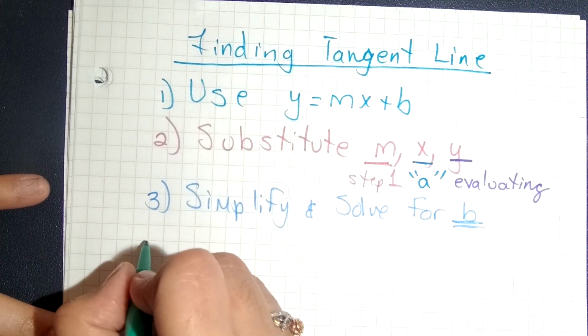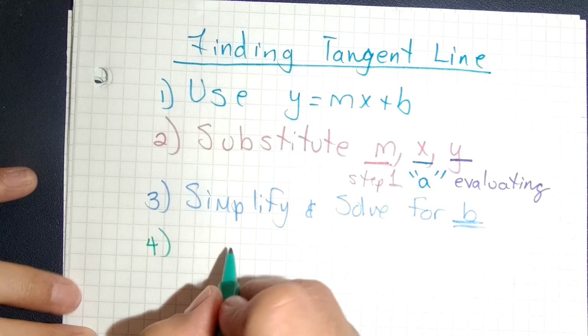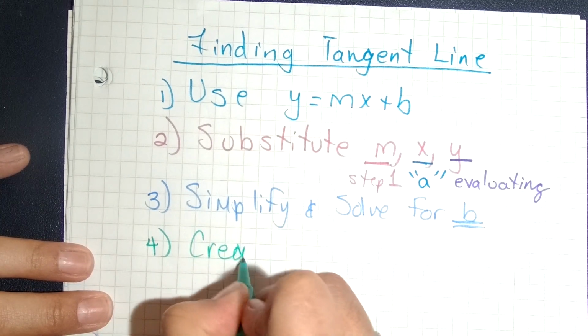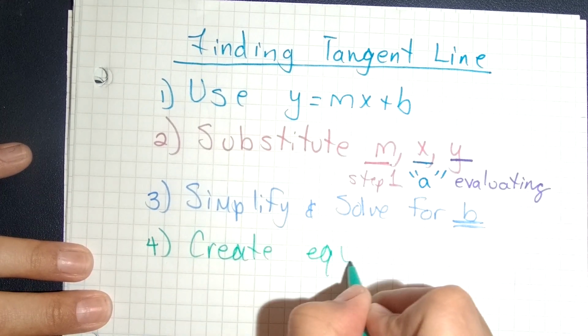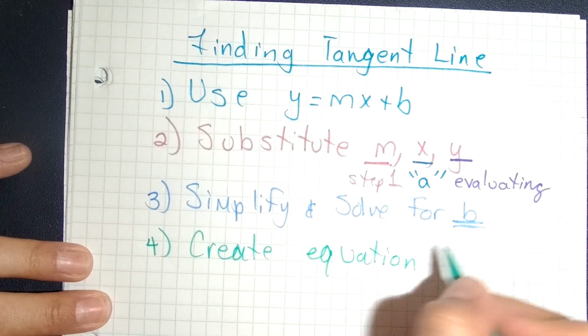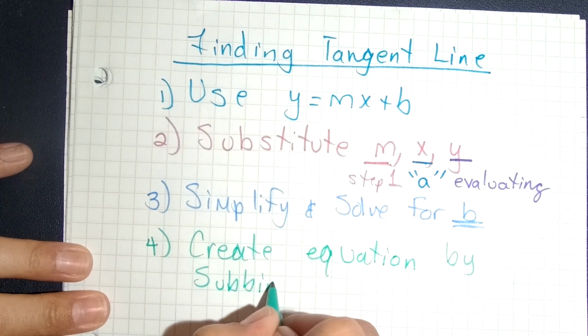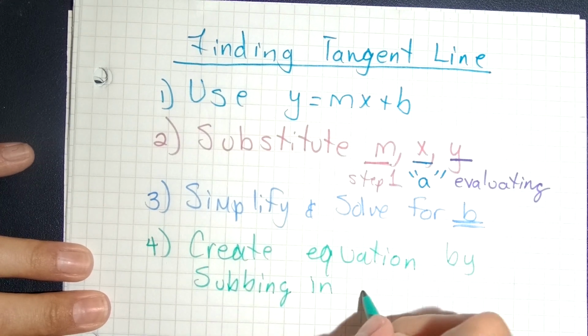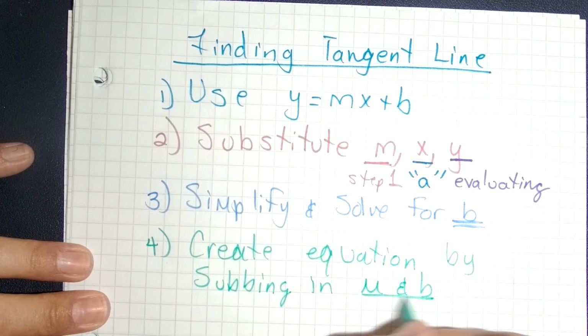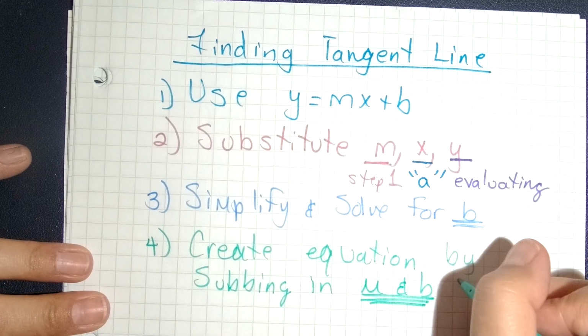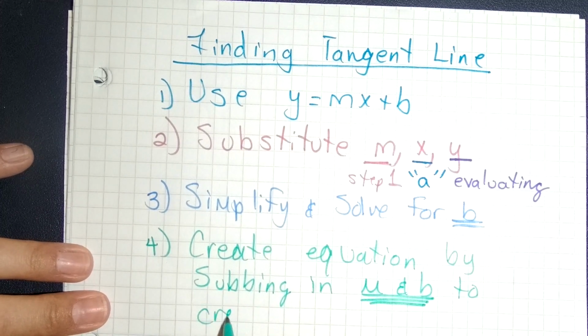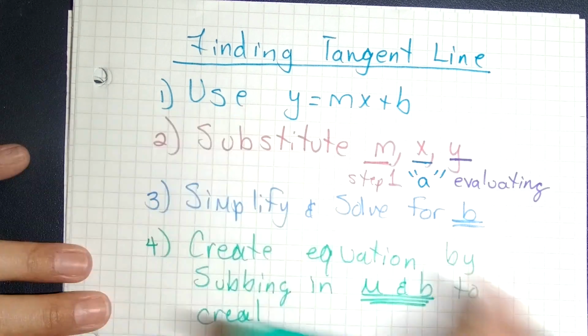After you've simplified and solved, all you will do is create the equation by subbing in m and b only.